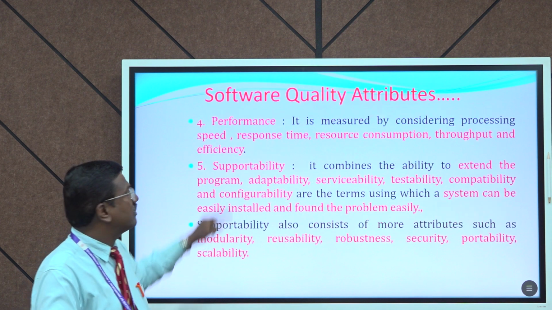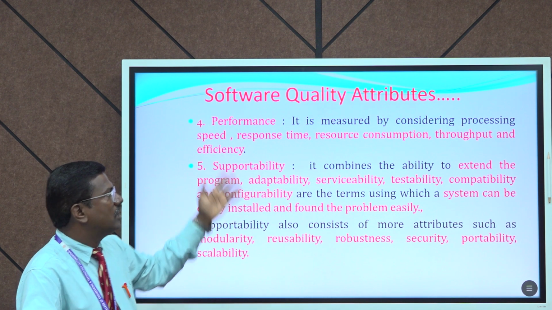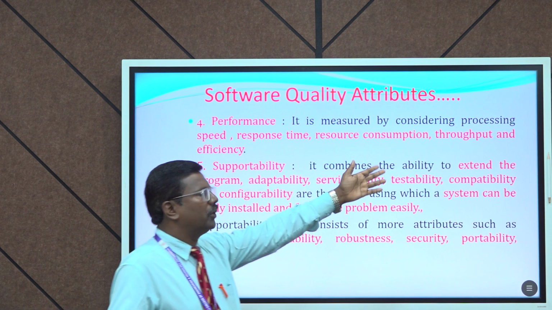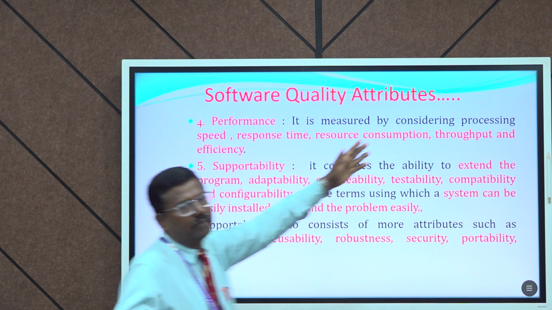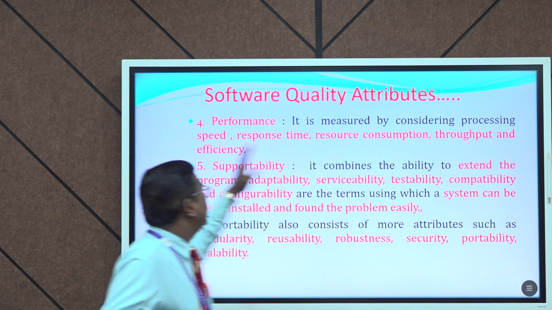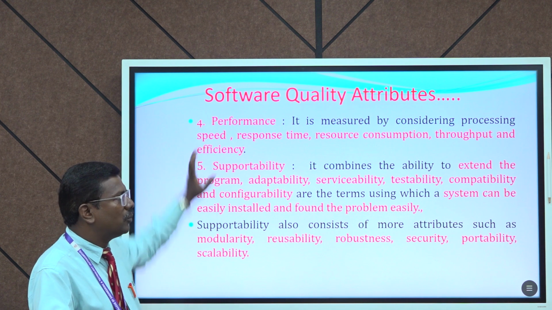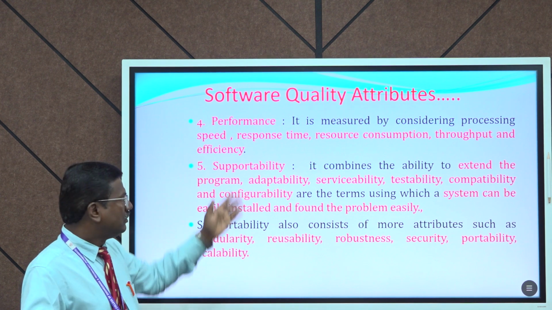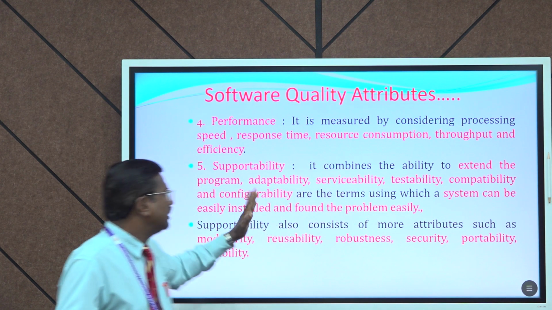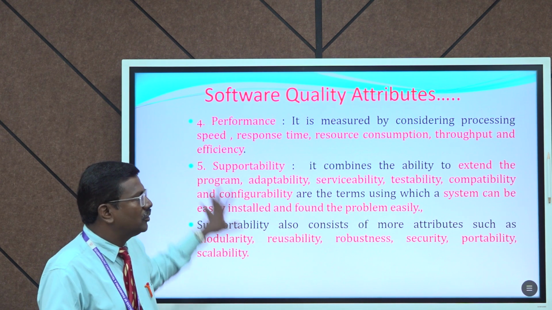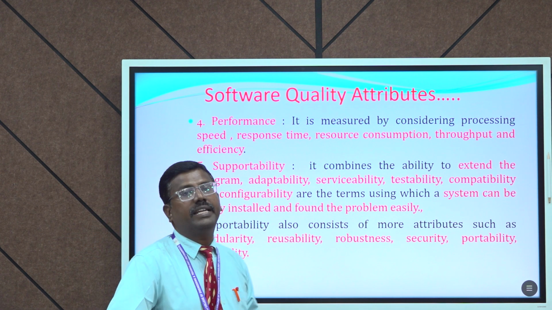Then performance. Performance considers processing speed, response time, resource consumption, and throughput. Throughput means the maximum number of results for a unit of time. Then efficiency. So these are the performance attributes. Then supportability. Supportability means extending the program for adaptability, serviceability, testability, compatibility, and configurability. Using these terms, the system can be easily installed and problems found very easily.